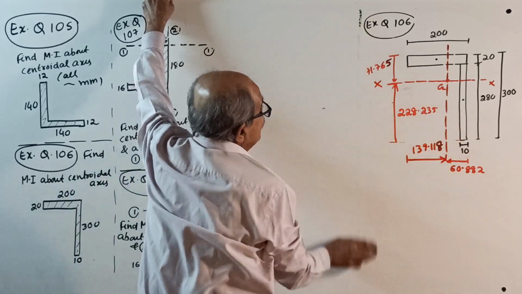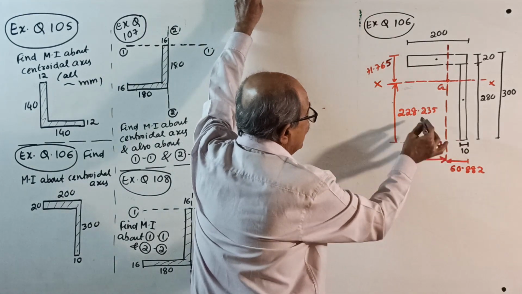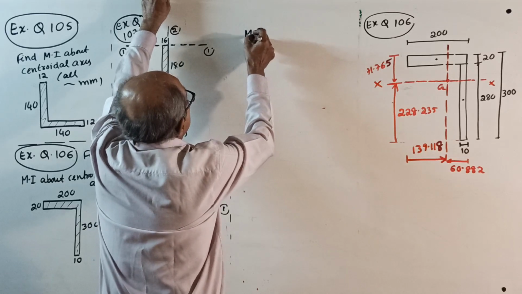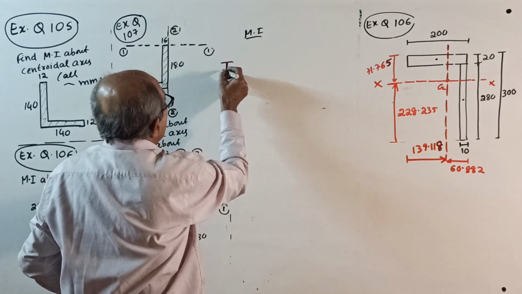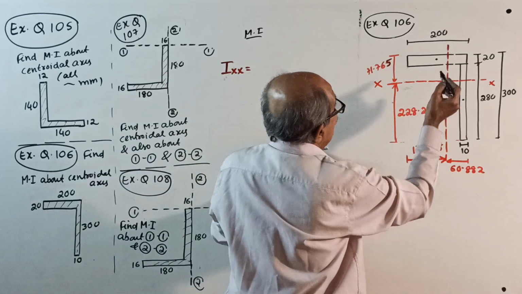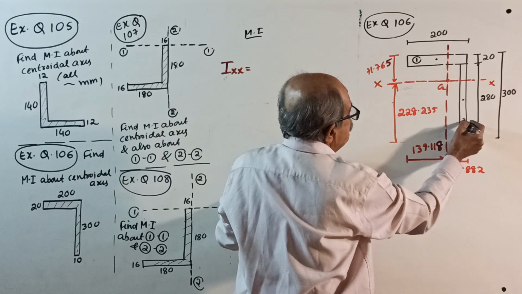For this exercise question, you have to get x bar, y bar, but the moment of inertia part I am going to write here. Ixx. Silently I will write now. This is part 1, this is part 2. My choice.